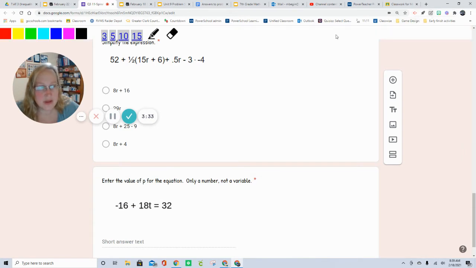Okay, this problem is still kind of like putting the top 2 problems together, where you have to do the distributive property first to clear the parentheses, and then use your order of operations to combine your like terms. So I'm going to rewrite as I can. So bringing it over here. 52.